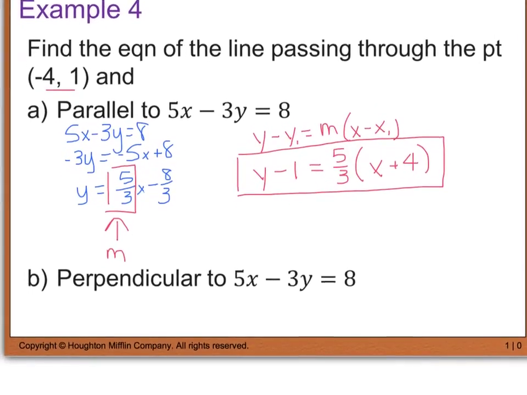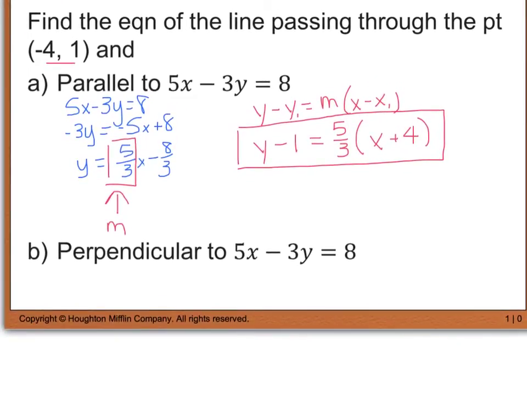Part B then says to find the equation of the line that passes through the given point and that is perpendicular. Well, we've already got the equation written in slope-intercept form up above, so we know that we have y equals 5/3 x minus 8/3. For a line to be perpendicular, we know that the slope has to be the opposite sign, so this is going to be a negative, and the reciprocal.